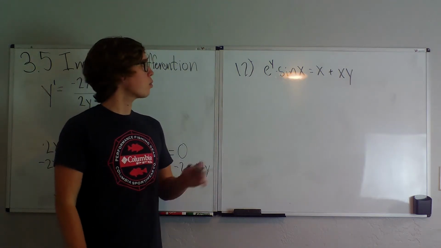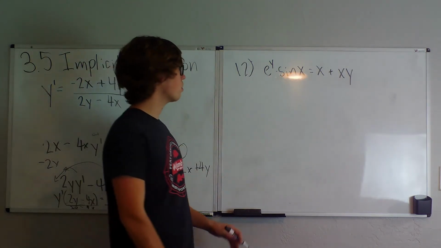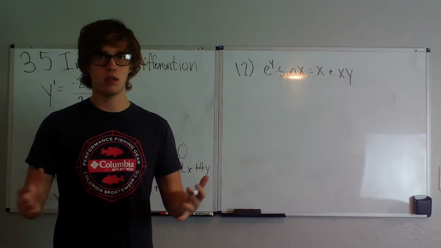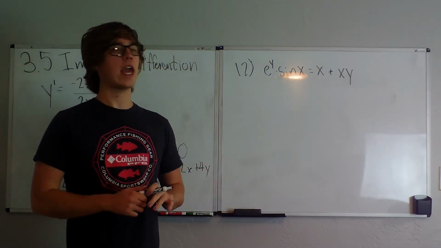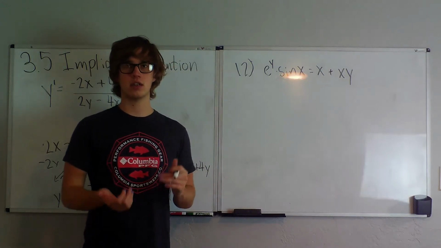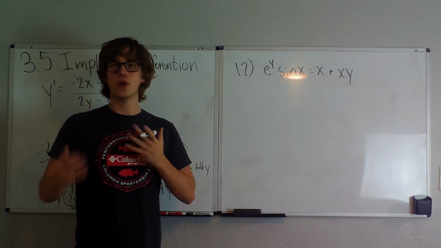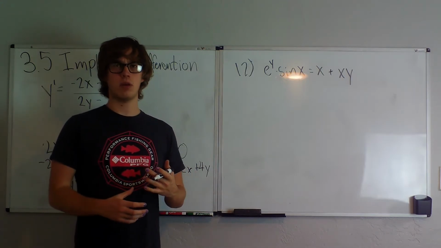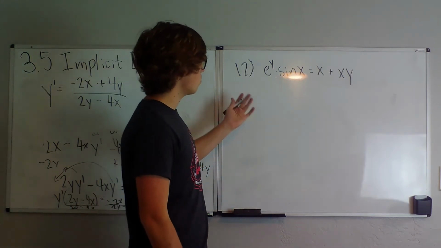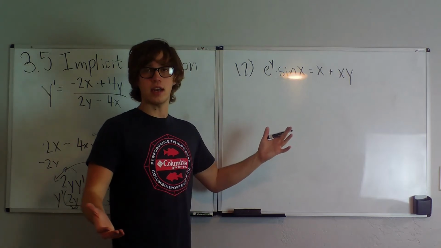Alright, so we're going to do number 12, and number 12 looks pretty bad, but it's really not horrible, and it's the same strategy. Just like most of calculus, it's just doing the same thing over and over until you master the problems. So what's the strategy for implicit differentiation?